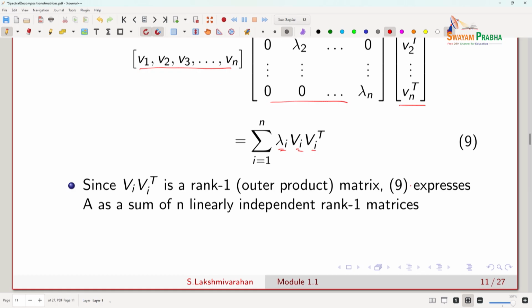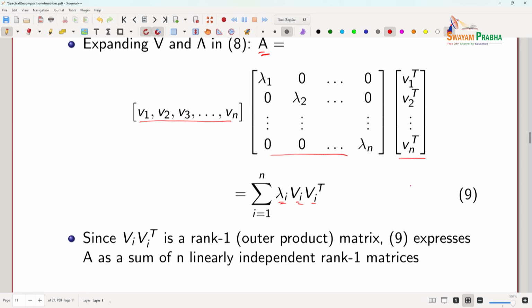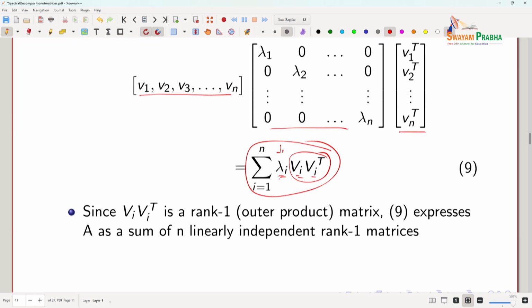Therefore, I am able to express A in 2 ways. One is V lambda V transpose, the multiplicative decomposition. The other is an additive decomposition, a weighted sum of rank 1 matrices, weighted by the eigenvalues.